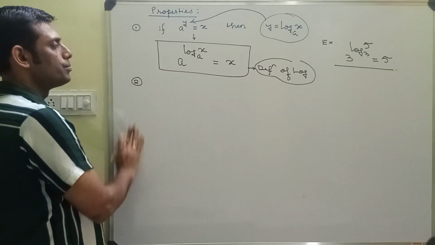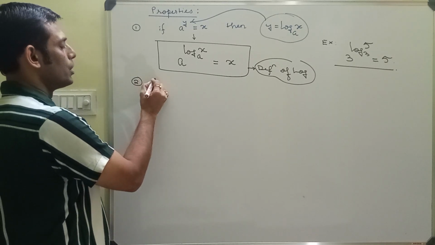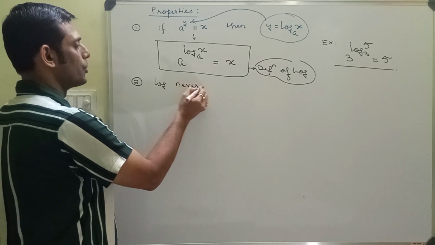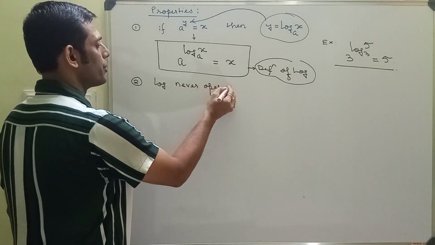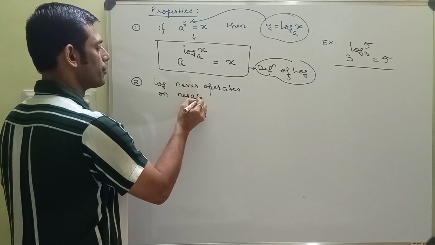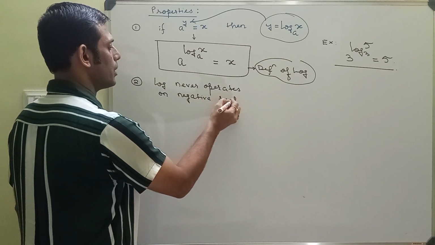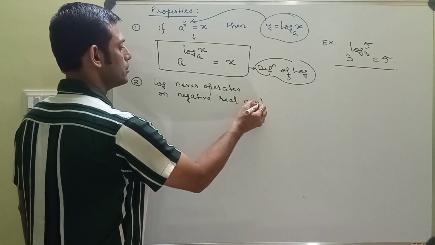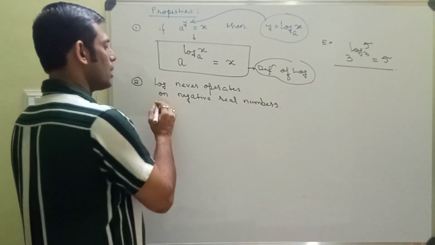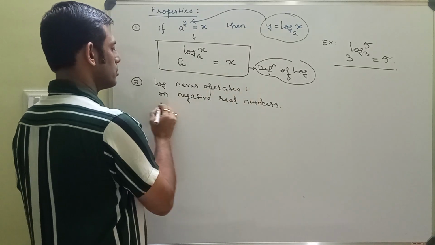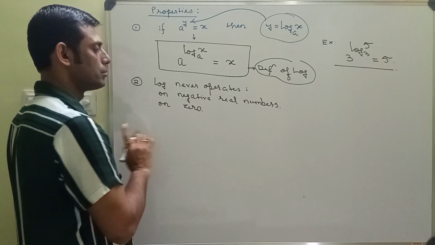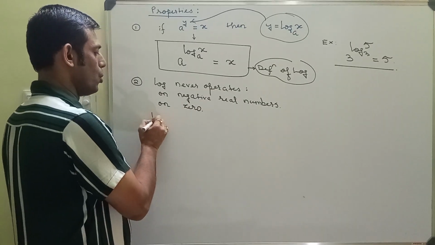Property number 2: log never operates on negative real numbers, also on 0.